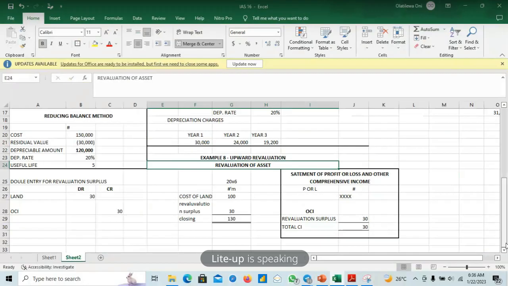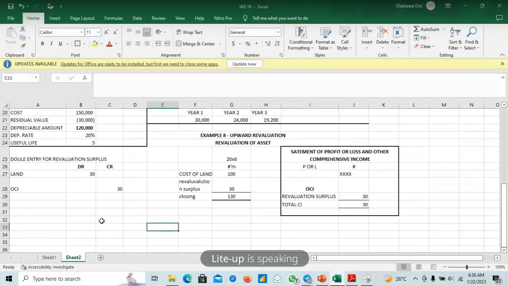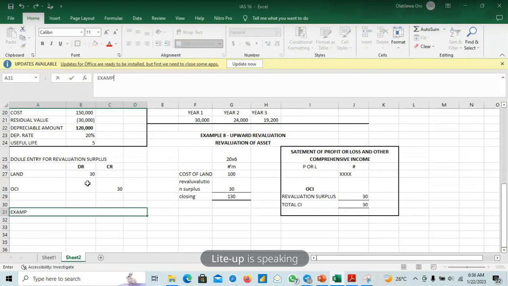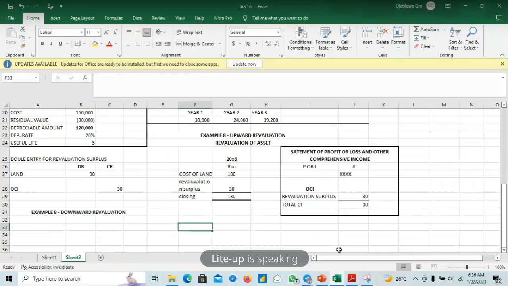Then we are going to be having the next example, which is going to be example 9 on downward revaluation. So in this downward revaluation, we are still going to be having this information we have, which is what? The cost. So let me have this there.